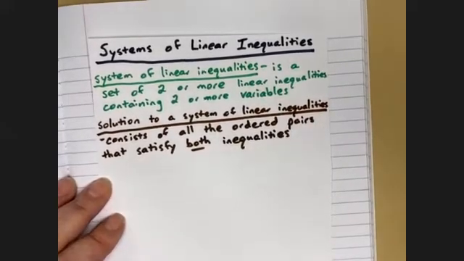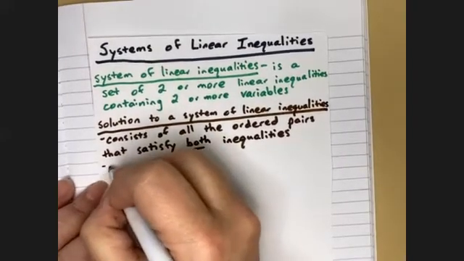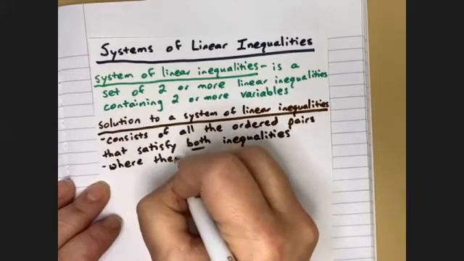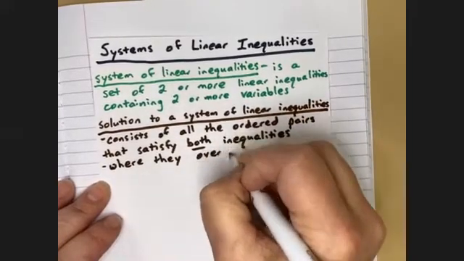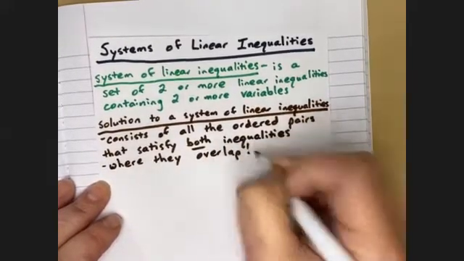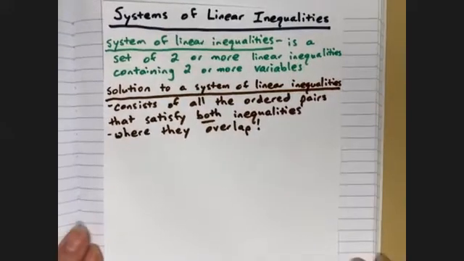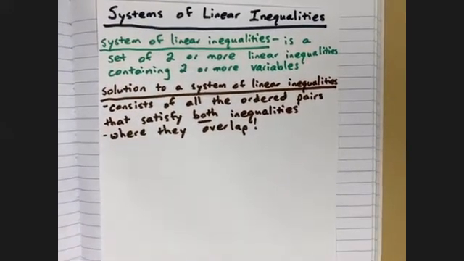And another way to look at this is it's where they overlap. So if it's just a system of equations, there's equal signs, it's where the two lines cross. But if it's an inequality, it's going to be where they overlap. So let's look at an example of this really quick.